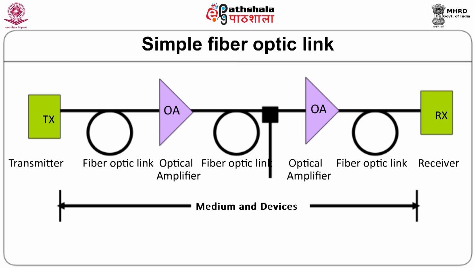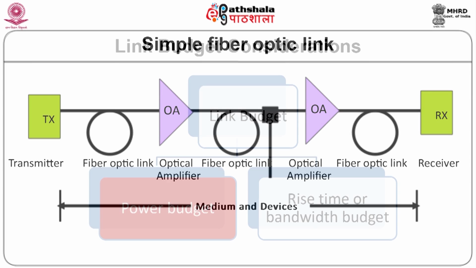In the transmitter side we have LED or laser which converts the electrical signal into optical form. So these are the different devices which are used in simple fiber optic link. The medium of communication is optical fiber.